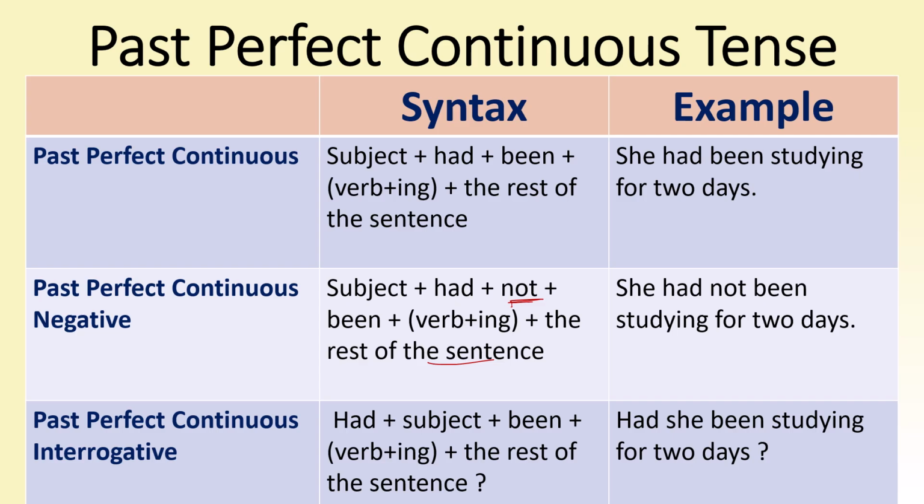For example, she had been studying for 2 days. Now, she had not been studying for 2 days. Now the continuous interrogative: had, then subject, then been, then the ing form of the verb, and then the rest of the sentence. Had she been studying for 2 days? And then the question mark.